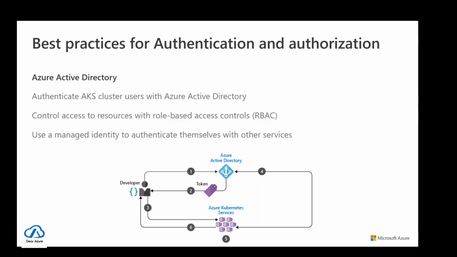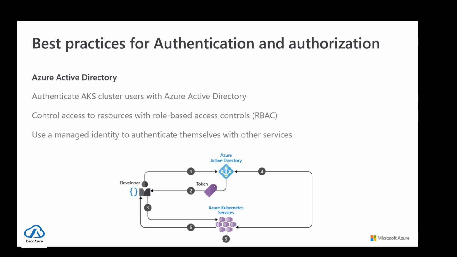If you're a developer, and I'm pretty sure most of you are, or in general someone that owns the application that is running on Kubernetes, you need access to multiple resources, right? So you don't want to be limited in what you can do.